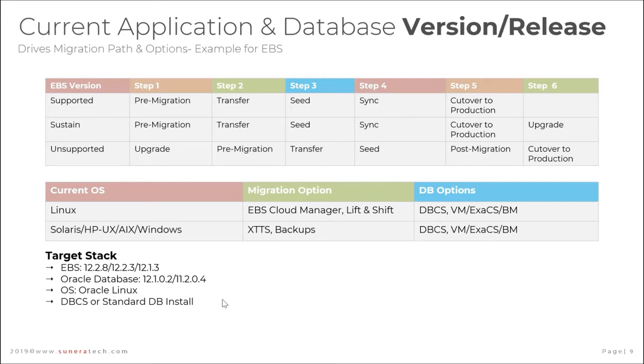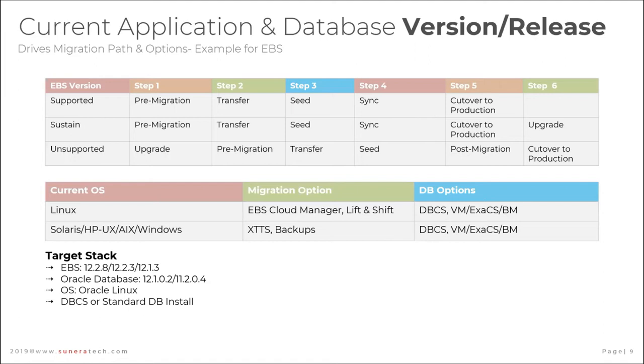Again, why does the current OS matter? Because if you're on Linux today and on a supported version, you can leverage EBS Cloud Manager for migrating. You can do more of a traditional lift and shift. If you're on Solaris, AIX, or HPUX and looking to do a cross-platform move to Oracle Linux, then you have to start looking at cross-platform transportable tablespaces combined with backups.